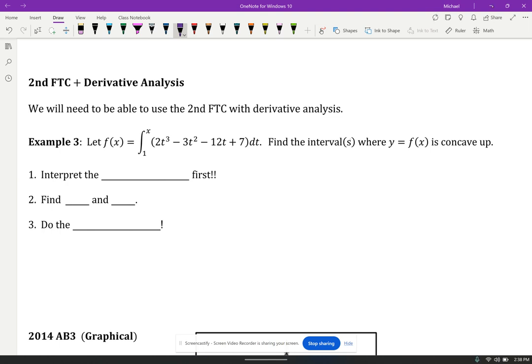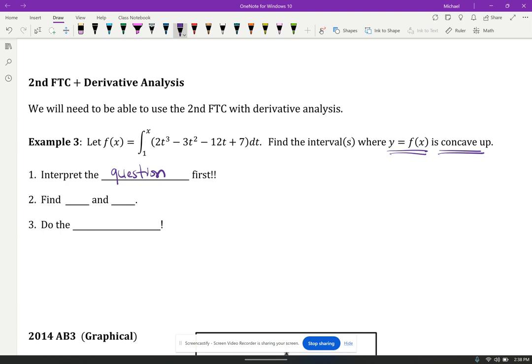So we need to interpret the question first. What is it that we're looking for, right? Because if you don't know what you're looking for, then you don't know where to start. Well, I'm looking for where f of x is concave up. This is important because a lot of times students don't look at what it is we're looking for.